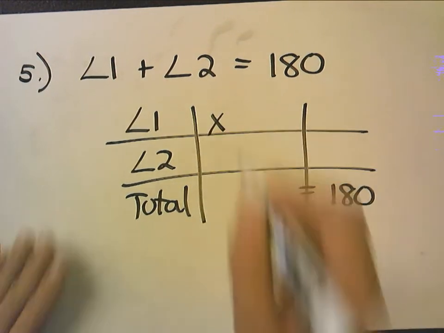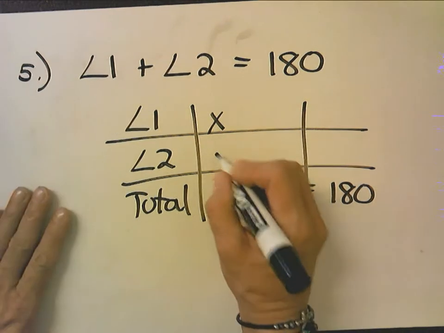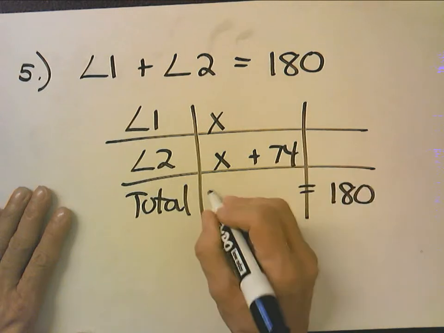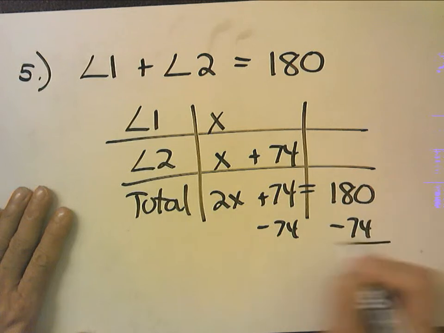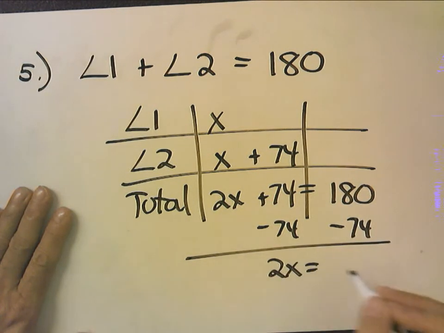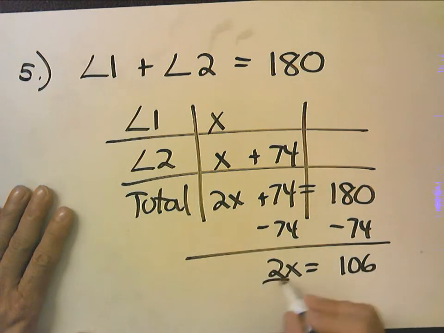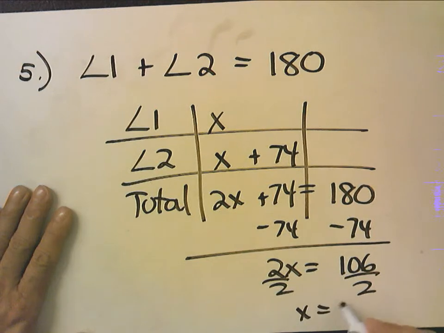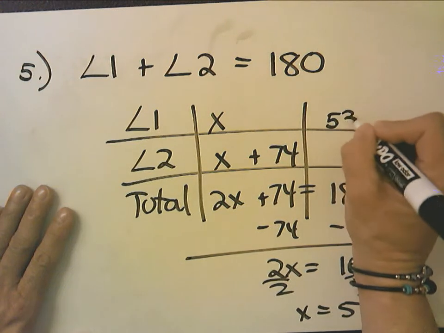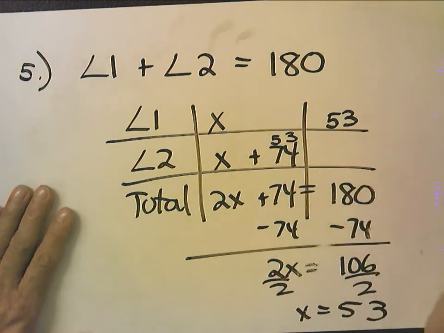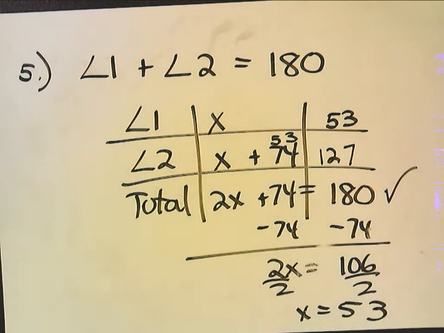If my first angle is unknown and it's x, the next angle is 74 degrees greater. So I add them together. Now I subtract 74. Divide by 2. X equals 53. Still not done. So now I add 53 plus 74. So 127. I add them together, make sure it adds up to 180.